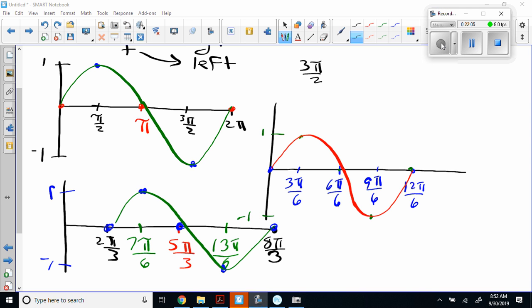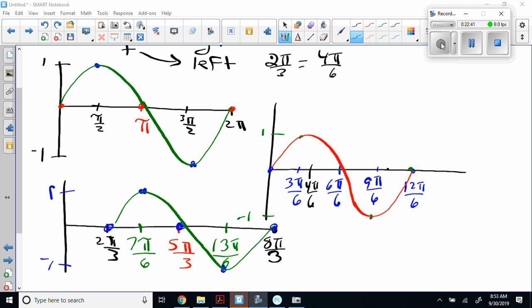Did we shift it 3 pi over 2? What's our shift? 2 pi over 3. Yeah, my bad. 2 pi over 3 is what as a 6? 4 pi over 6? Is that 2/3 pi? Yes or no? Yes. Okay, good. Take each point and move it over how much? 4 pi over 6. This one becomes what? 4 pi over 6.